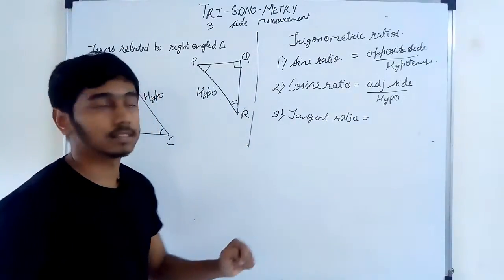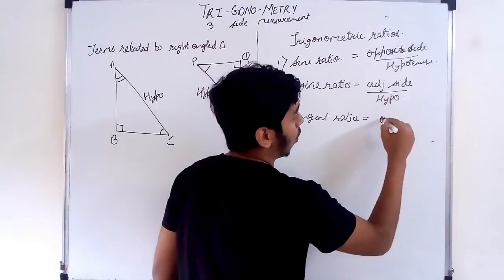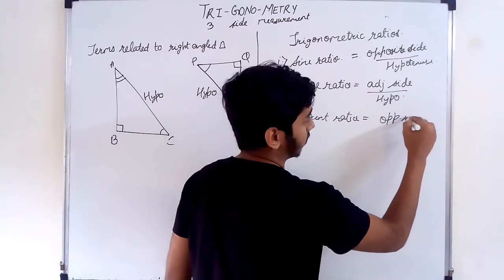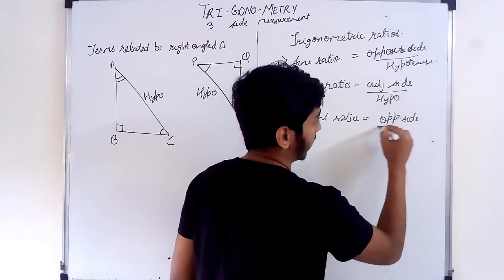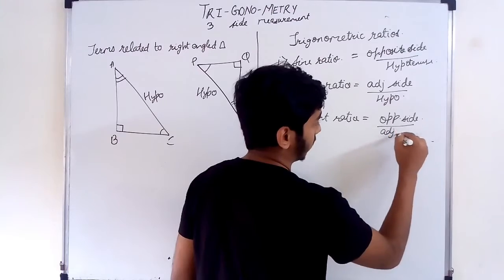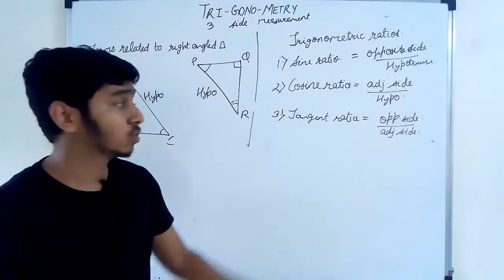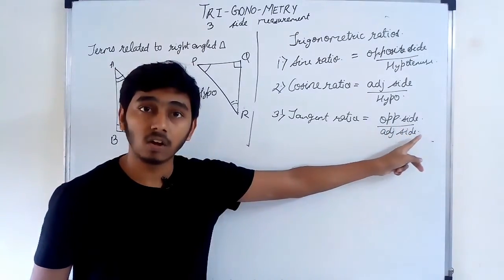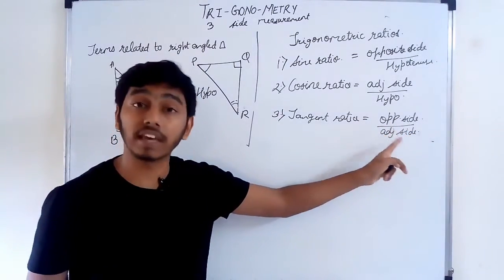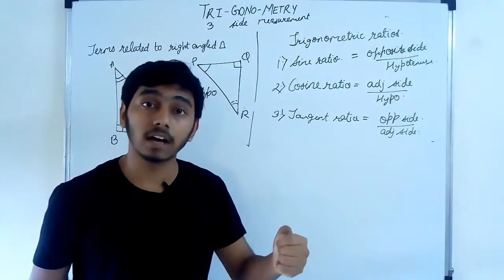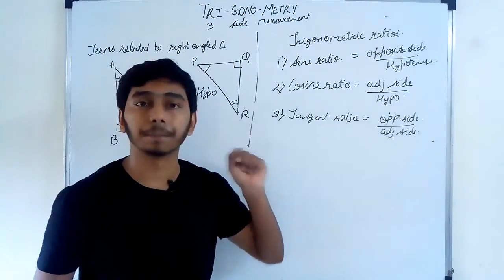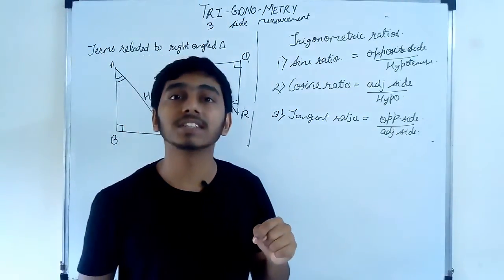That is given by opposite side upon adjacent side. So you just take the opposite side of any angle and the adjacent side of that angle, and you divide them. That will give you the tangent ratio.